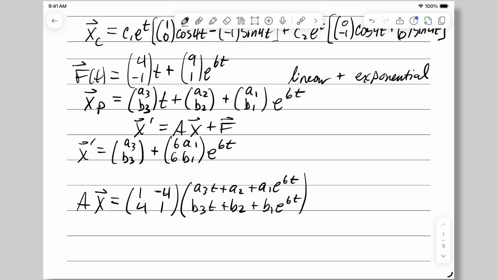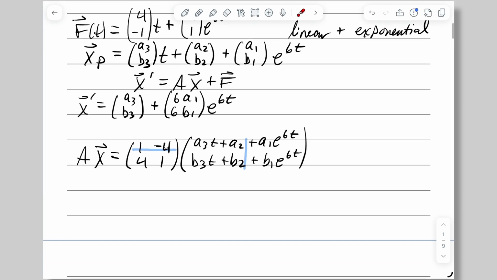And when we multiply this, we're multiplying the entries in the top row of A, so 1, negative 4, one by one with the entries in the column of what we have on the right. It's kind of hard to see, but the entire 3-term entry in the top is one entry, and the entire 3-term entry in the bottom is one entry.